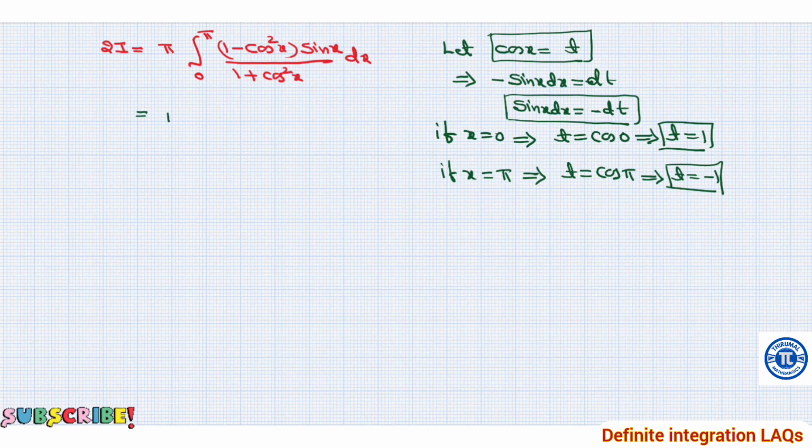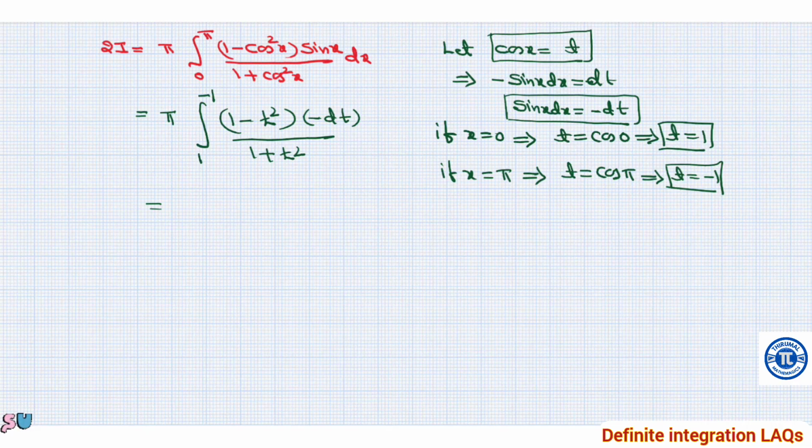So it is equal to pi into integration, with limits replaced, 1 to minus 1, of 1 minus t square into minus dt by 1 plus t square, equal to pi into integration 1 to minus 1. Here multiplying with the minus, we get t square minus 1 by 1 plus t square dt.